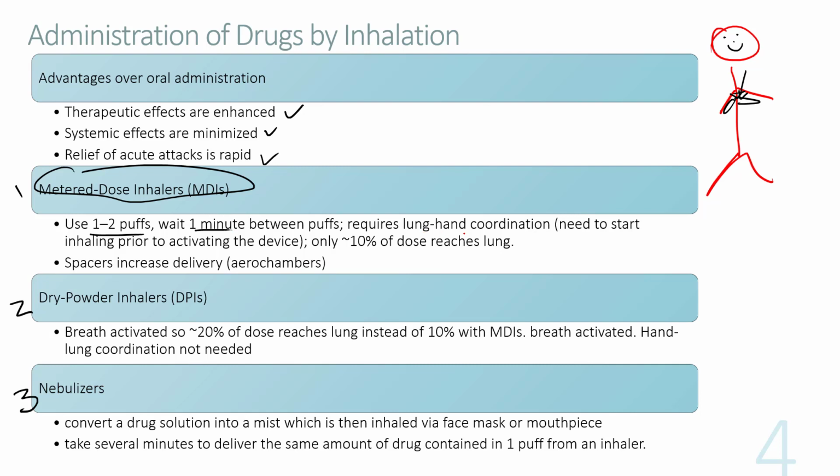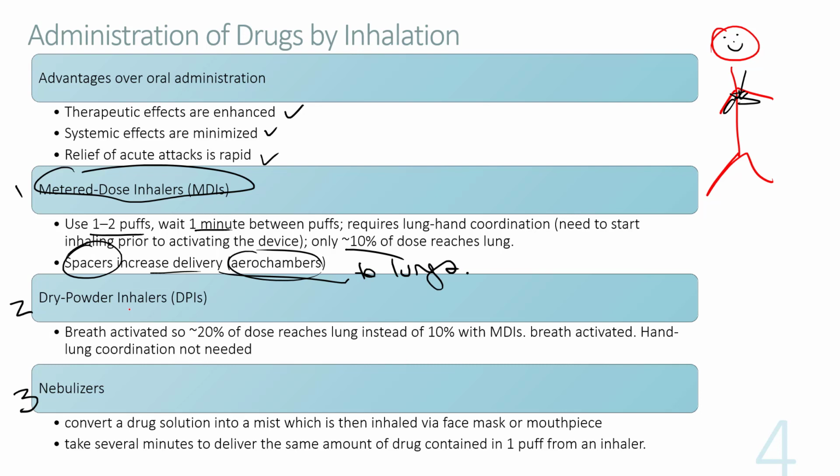So it requires the person to be able to control when they actually depress the puffer and when they actually inhale, right? Even with the best of techniques, only 10% of dose given through a metered dose inhaler actually reaches the lungs. And so what happens is aero chambers or spacers can be used to increase the amount of drugs that is delivered to the lungs.